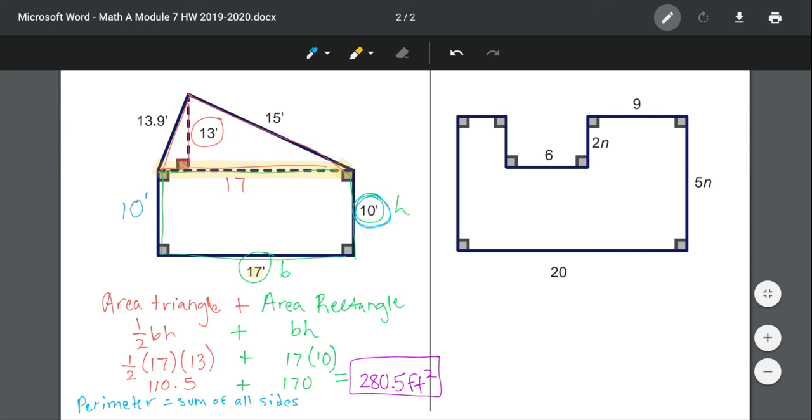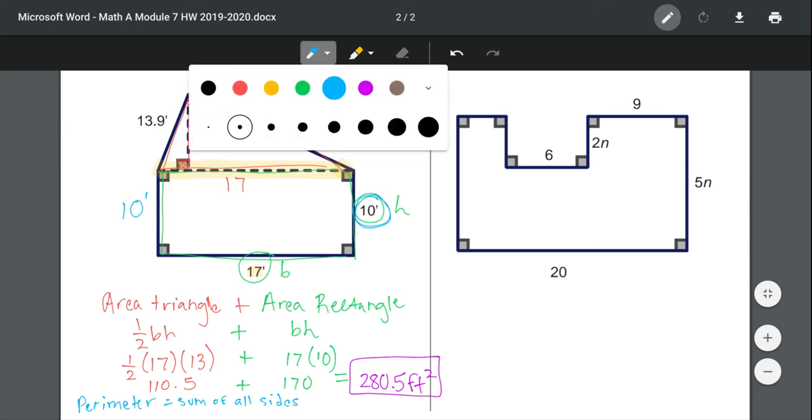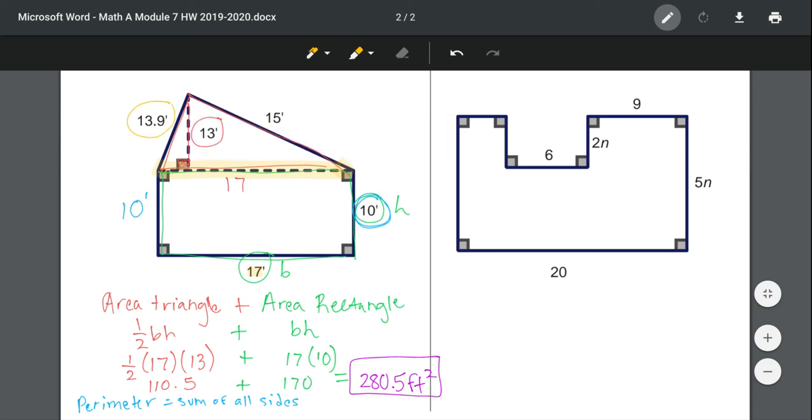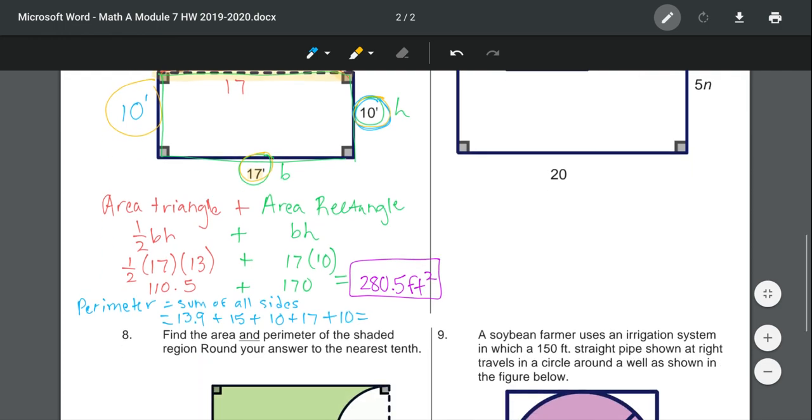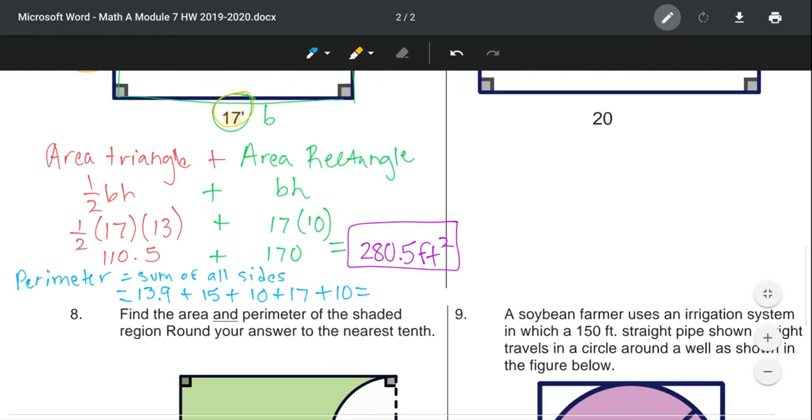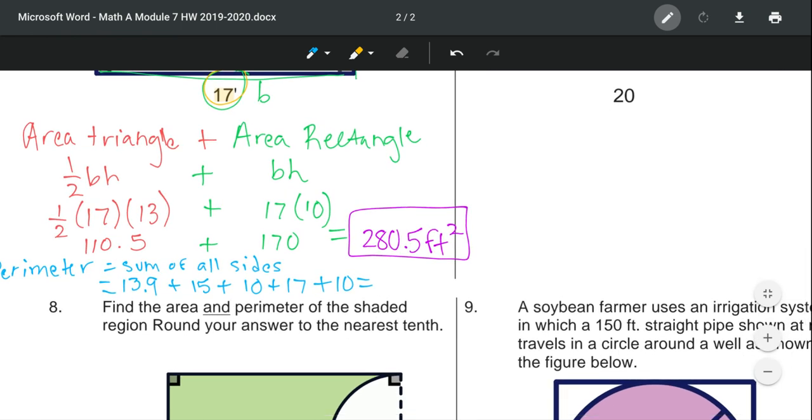And that was the only dimension that was missing. So now we take 13.9 plus 15 plus 10 plus 17 plus 10. Make sure you show your sum, and when you add those values up, you get 65.9 feet.